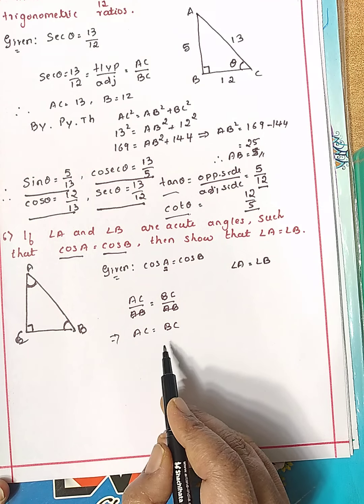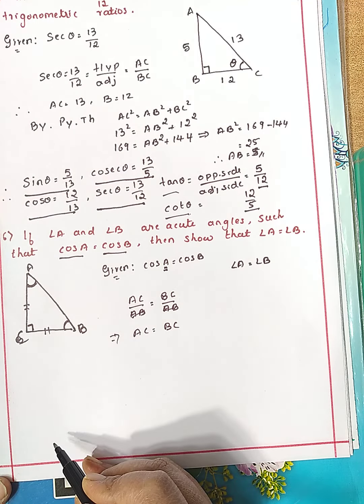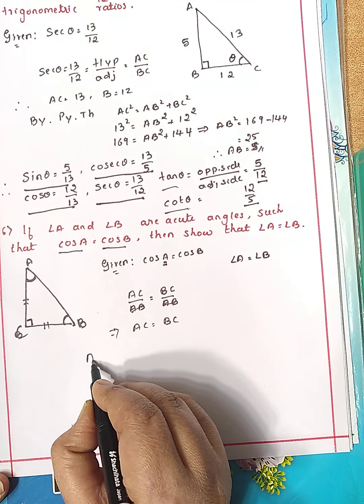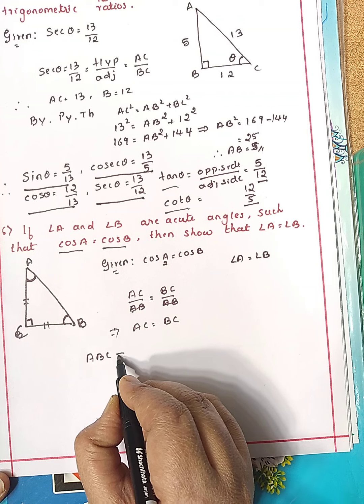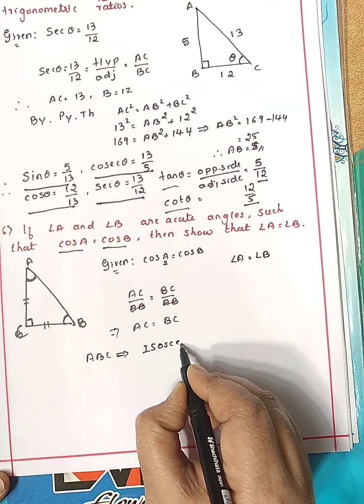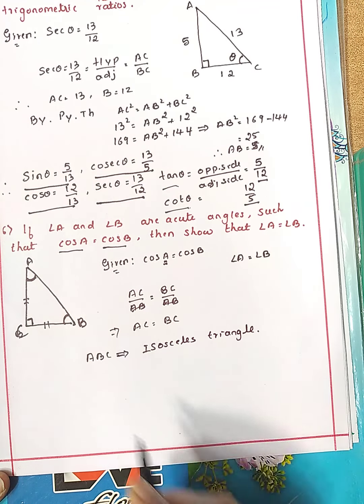Therefore AC equal to BC means what? This side is equal to this side. So ABC becomes which triangle? This is an isosceles triangle. ABC becomes an isosceles triangle.